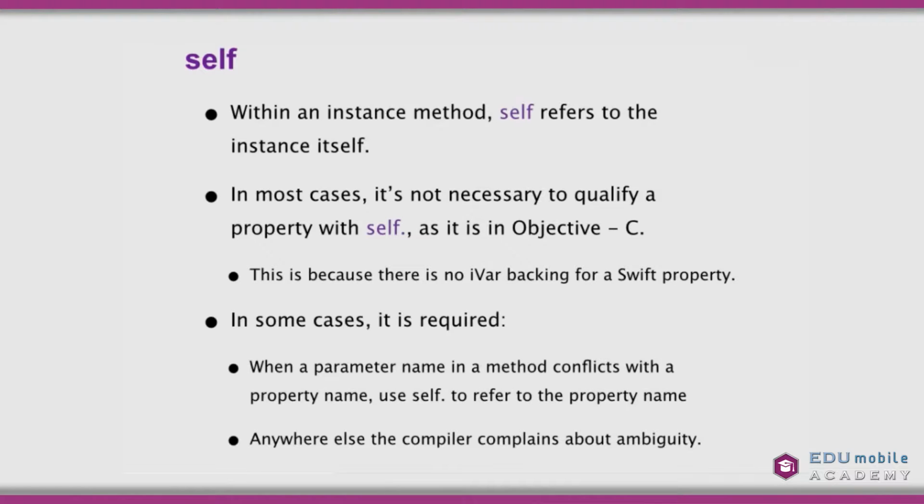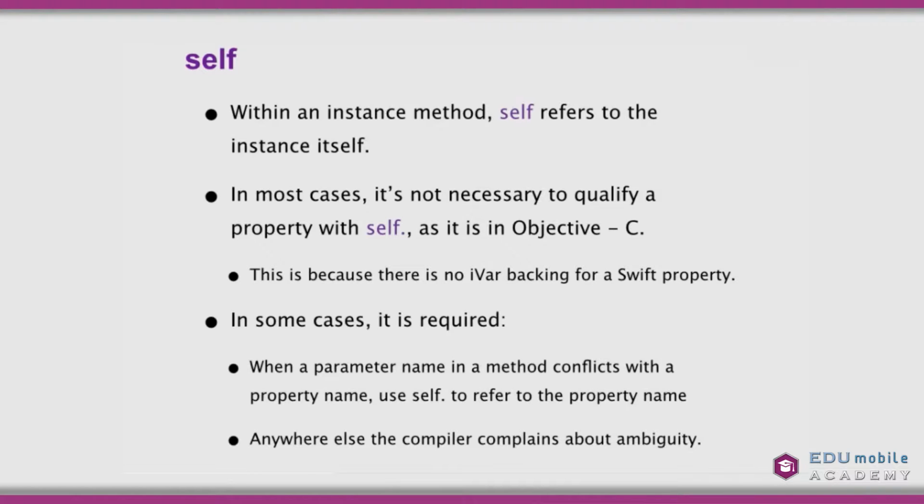So the first thing we want to talk about with methods as opposed to functions is the idea of self. What is self? Within an instance method, self is this instance. It refers to the instance itself. Now, in most cases, it's not necessary to qualify a property with self as it is in Objective-C. And this is because there is no ivar backing a Swift property.